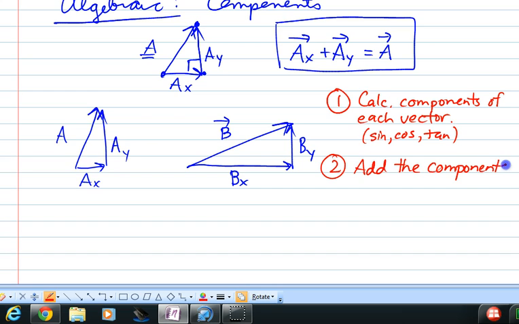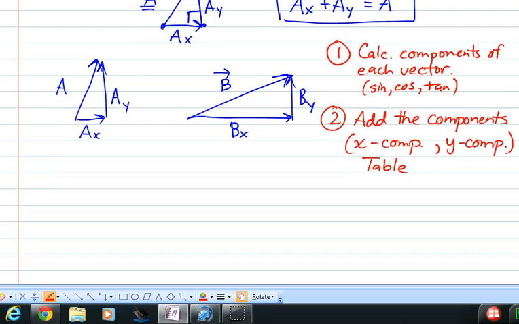So what I mean by this is you add up all of the x components and you add up all of the y components. And usually what I suggest is to organize this in a table. And again, an example will make more sense.